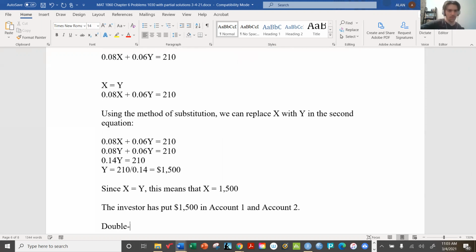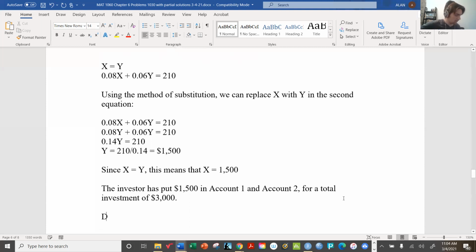Now, for the double check, the amounts in account 1 and 2 are the same. Or what you could do is just say that the investor has put $1,500 in account 1 and 2 for a total investment of $3,000.